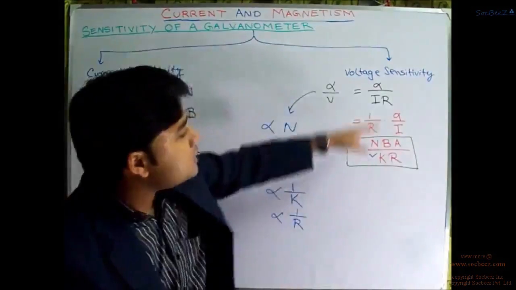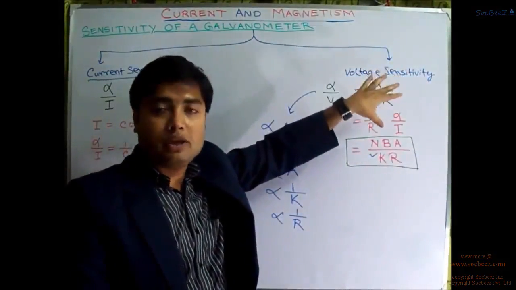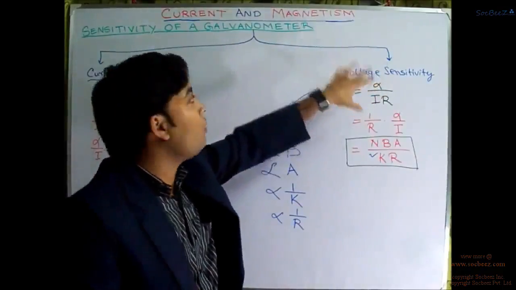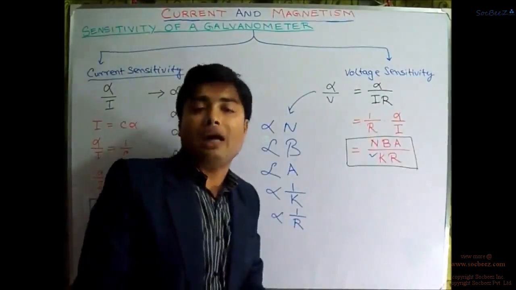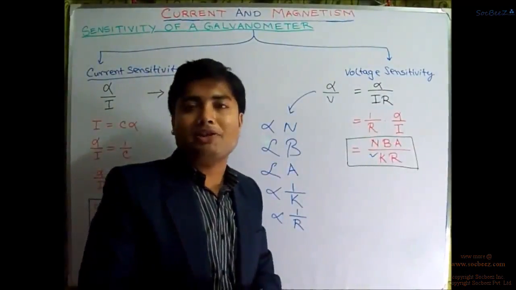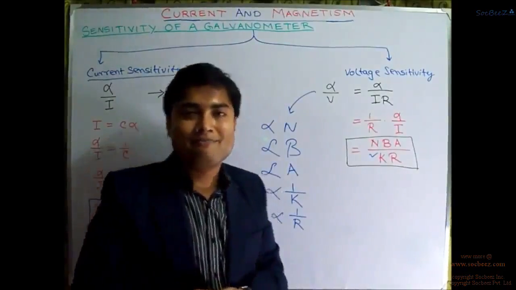And likewise for the voltage sensitivity, we shall look into how we can convert the galvanometer into a voltmeter, so that we can measure the potential difference in a circuit between two points. Thank you.